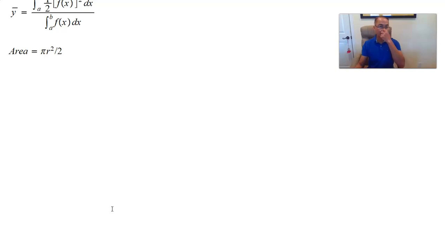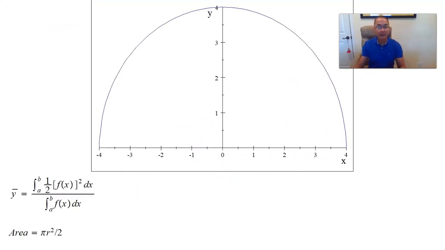So that is our area. To get the numerator, we need to square our function and integrate from a to b. Oh, once again, our limits are wrong. We're going from negative, wait a minute, this is the radius. So we're going from negative r to positive r.